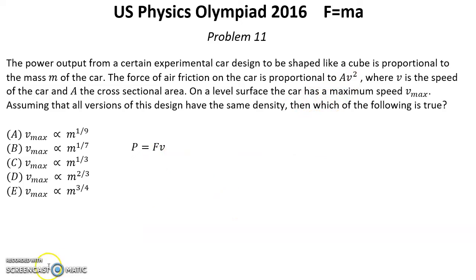So we can write down mass proportional to AV cubed, and because cross-sectional area is proportional to mass to the power 2/3, we have this proportionality, and from here we have mass to the power 1/3 proportional to V cubed, and V proportional to m to the power 1/9, which is answer A. That was the solution for problem number 11.